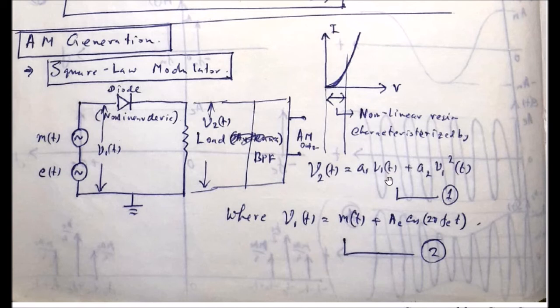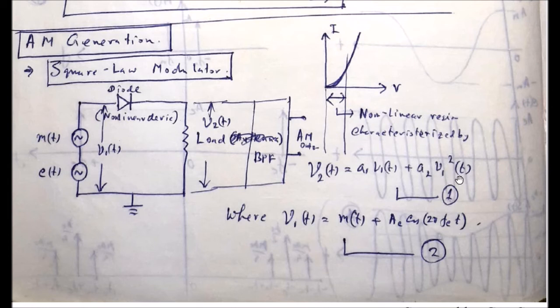Only the first term, the linear term, and the square law term, the quadratic term, you can use here. So the output of this circuit v2(t) should be equal to a1, some constant, multiplied by v1(t), plus a2, another constant, multiplied by v1 square (t). This v1(t) is the input.